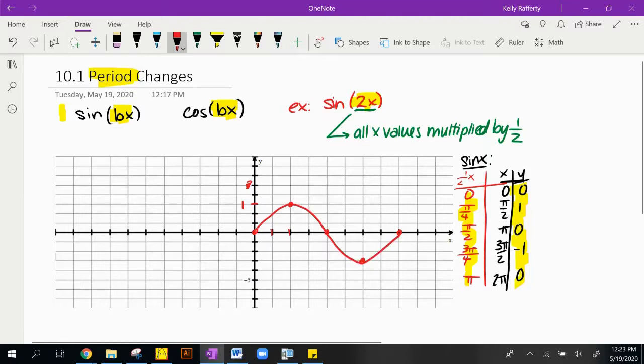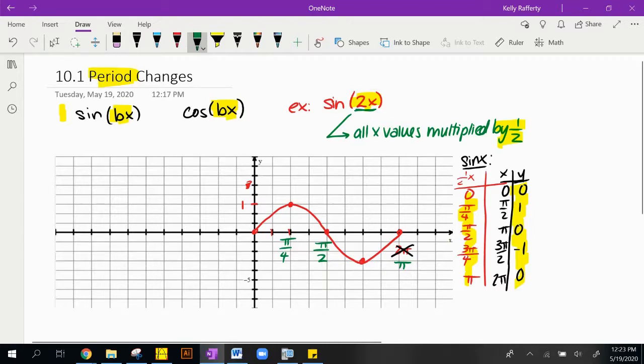But now, instead of going to 2 pi, the new period of the graph is going to be 1/2 of the value. So now my graph really goes to pi. So 1/2 of that would be pi over 2. 1/4 of that we could say would be pi over 4. So we could figure out our points that way.